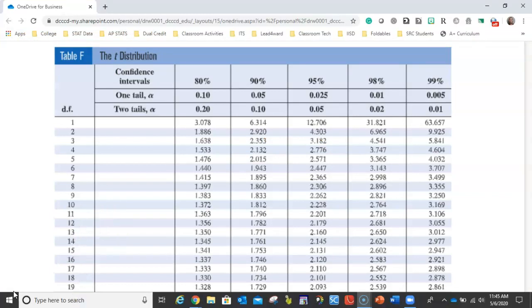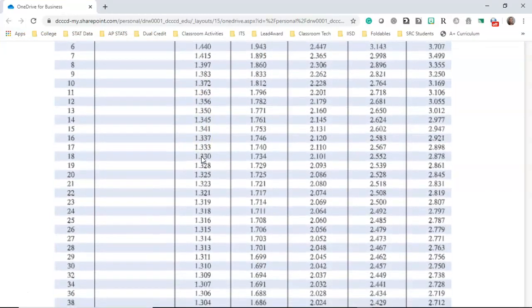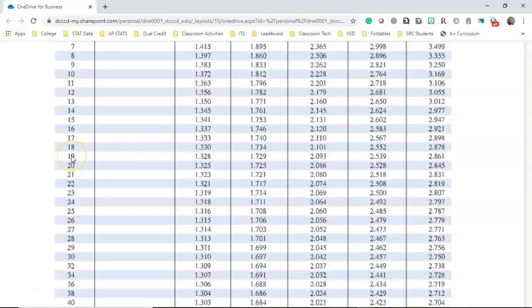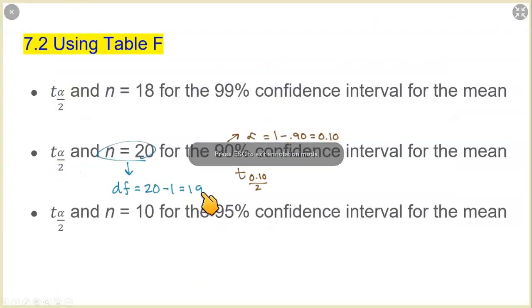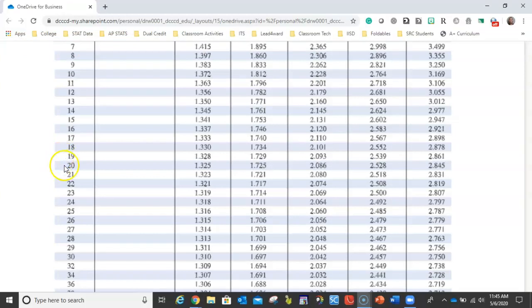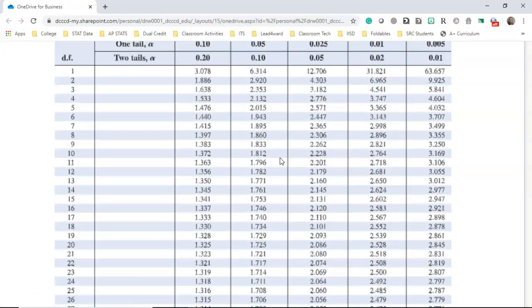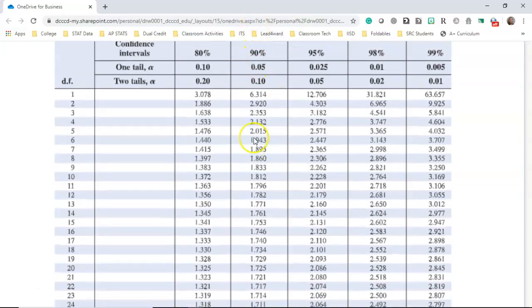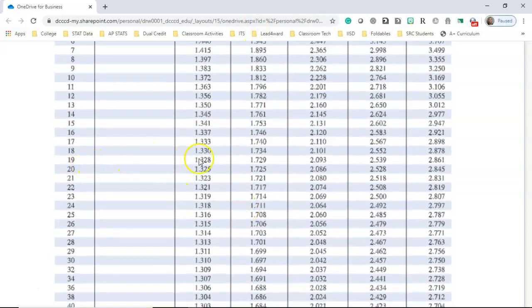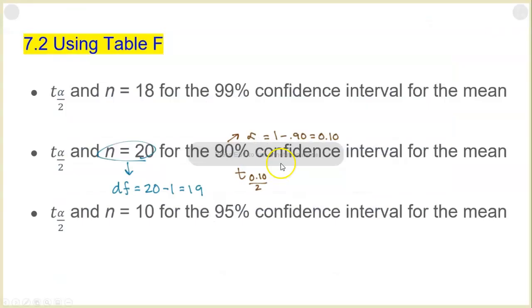We have a degree of freedom of 19, and then I'm going to find a confidence interval of 90. So 90 is here in the second column. Find out where they meet. So my critical value would be 1.729.